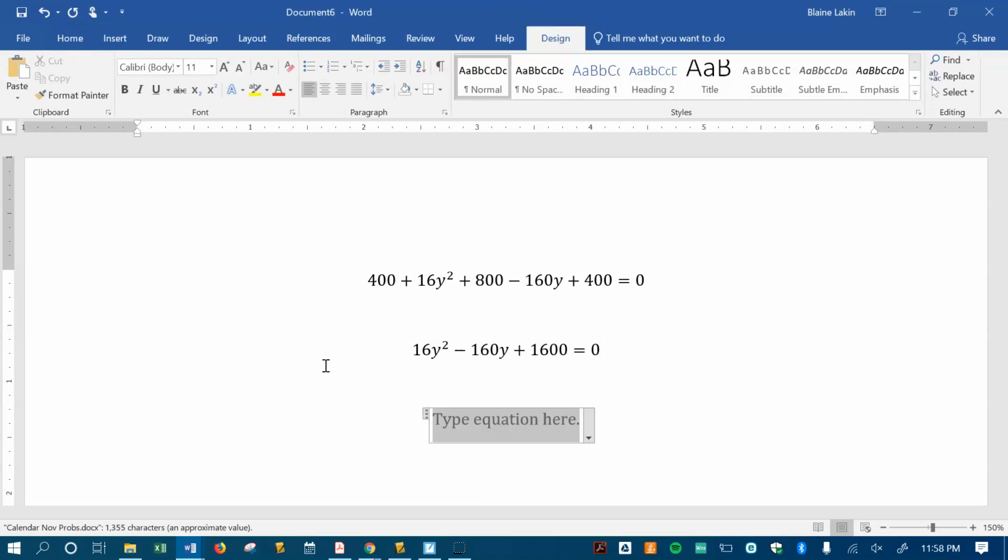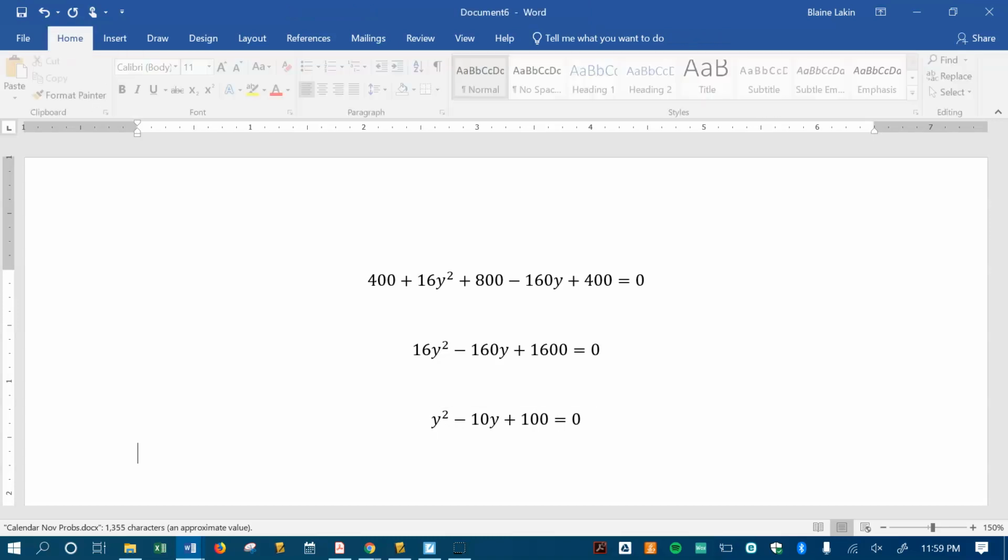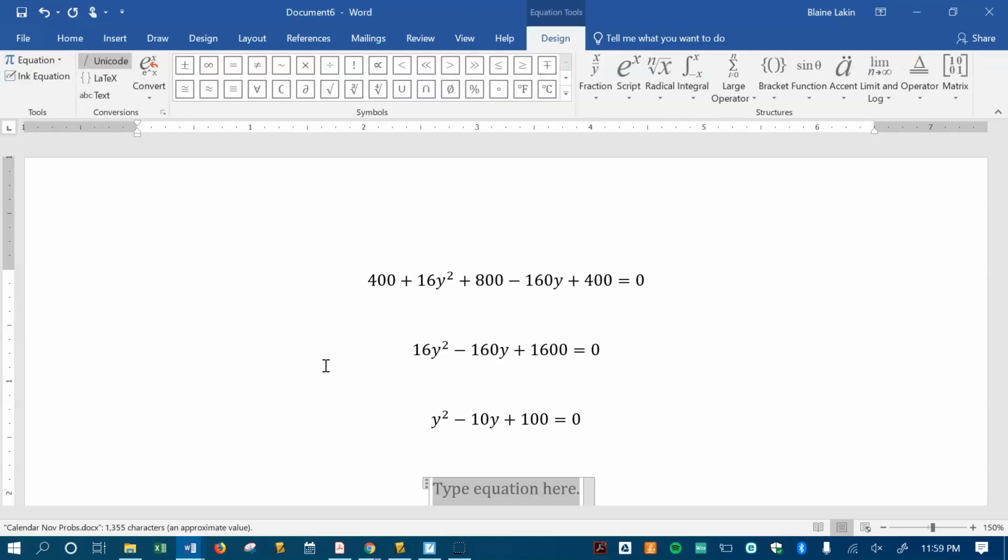If I divide everything by 16, I get y squared minus 10y plus 100 equals 0. This time that's right. Okay, so then it's going to be factored into y minus... no, it's not. Please don't tell me I have to do the quadratic formula.